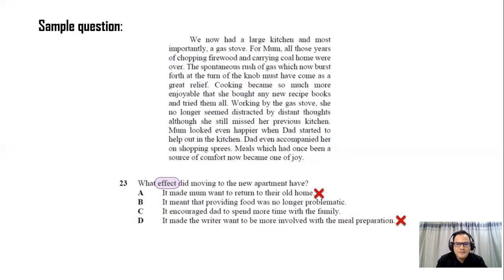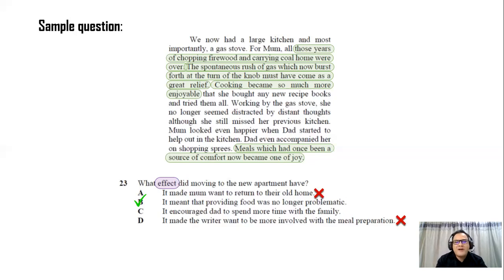So if we look at the paragraph, most of the ideas deal with the idea that providing food was no longer problematic. So the correct answer for question number 23 is B.